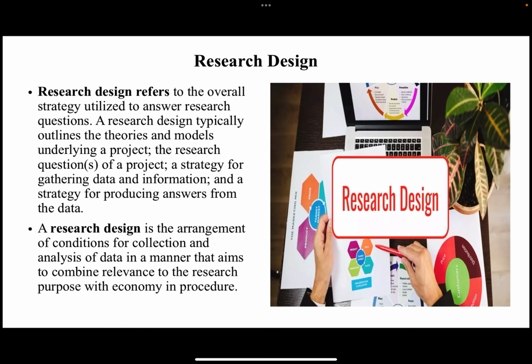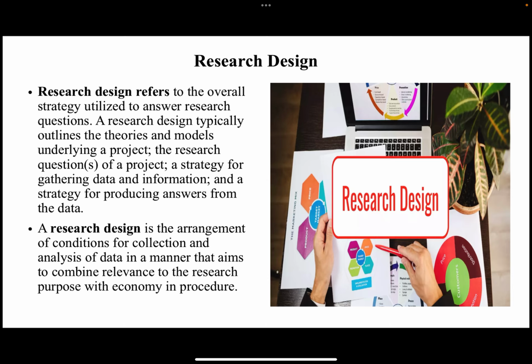Again, you can also say that the research design refers to the overall strategy utilized to answer research questions. A research design typically outlines the theories and models underlying a project, the research question of a project, a strategy for gathering the data and information, and a strategy for producing answers from the data.